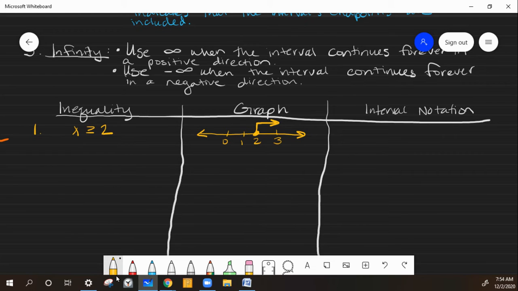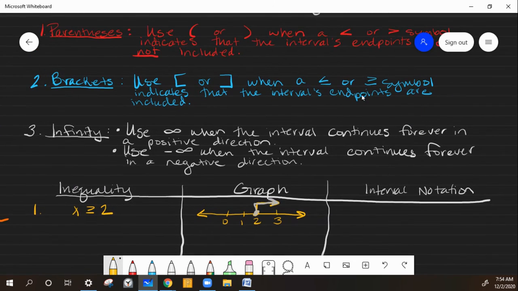Okay, interval notation. You ready for this? Here's how we do it. We read our graph from left to right, just like we do in the English language. In interval notation, I represent what's happening with just the arrow part, because I just care about my solution. Brackets are used when we have a less than or equal to or greater than or equal to, and parentheses are used when it's not, kind of like our open and closed circles.